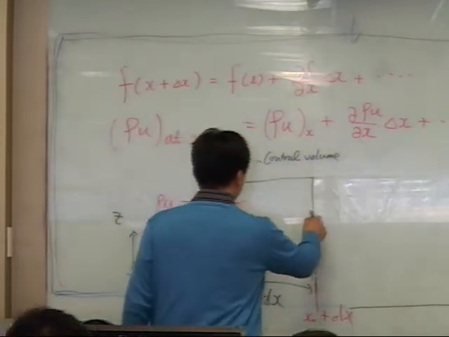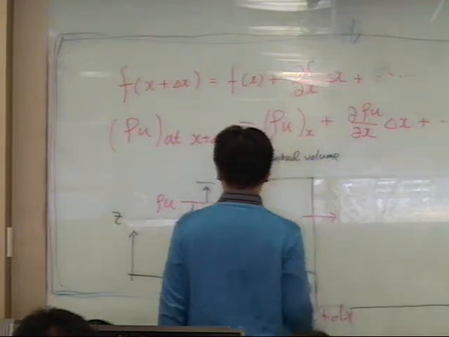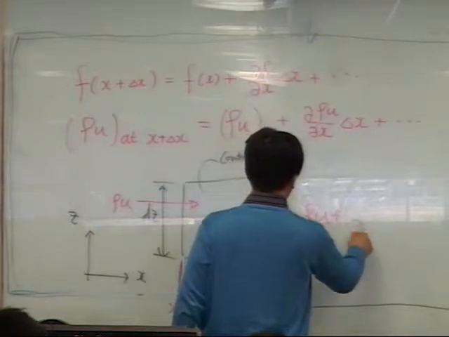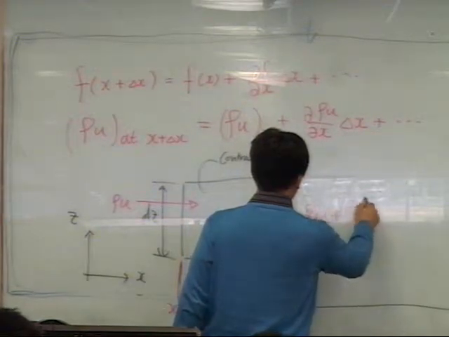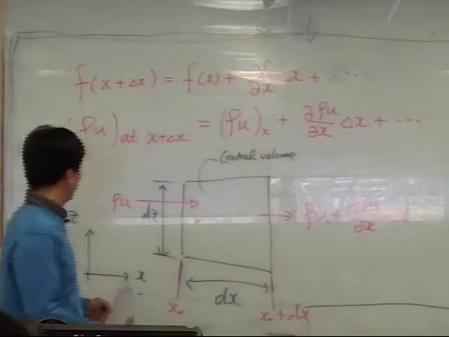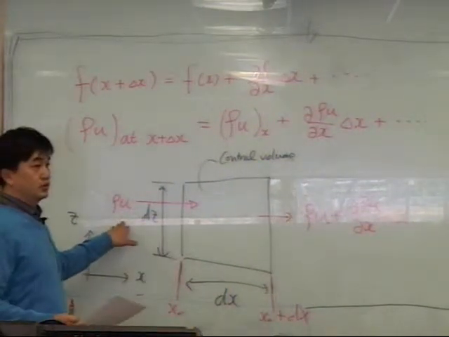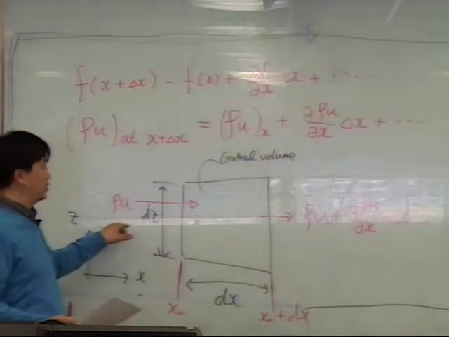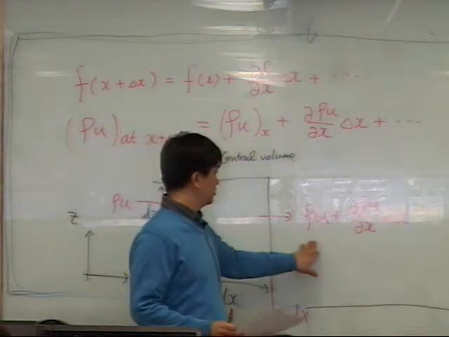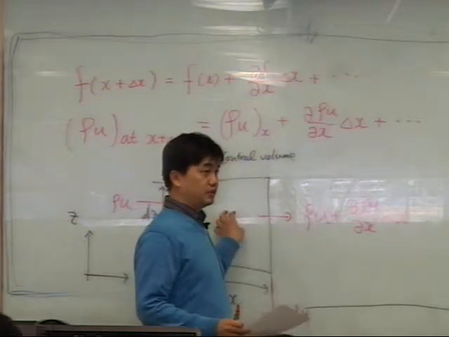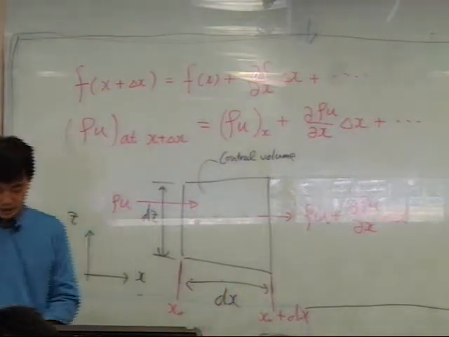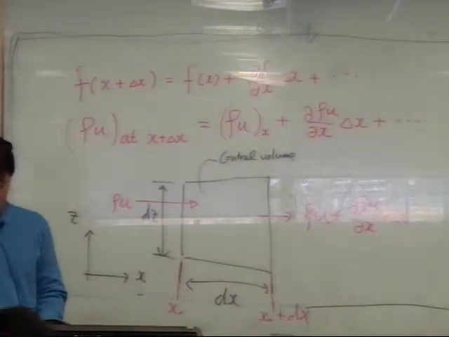So on this side, we're going to have fluid rho u plus partial rho u partial x delta x. Okay, so here rho u is the fluid entering this control volume, and this term is the fluid which gets out of this control volume.